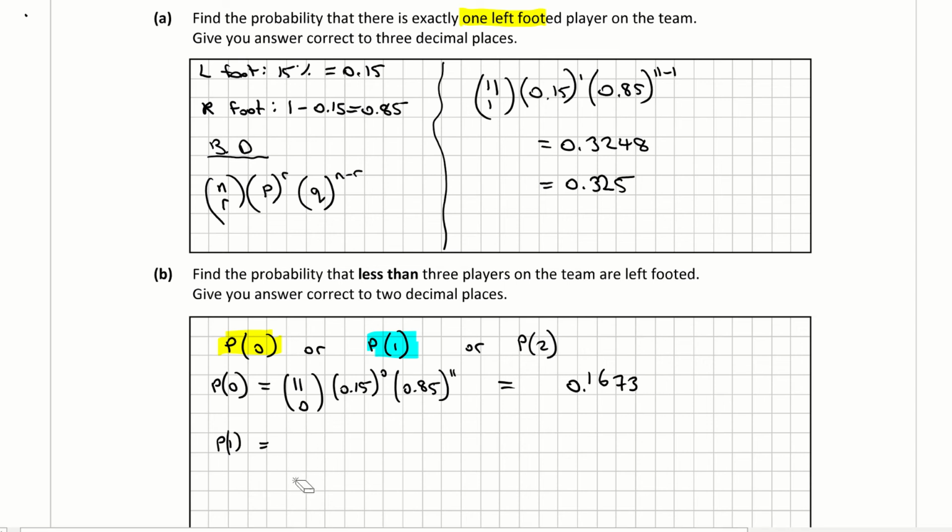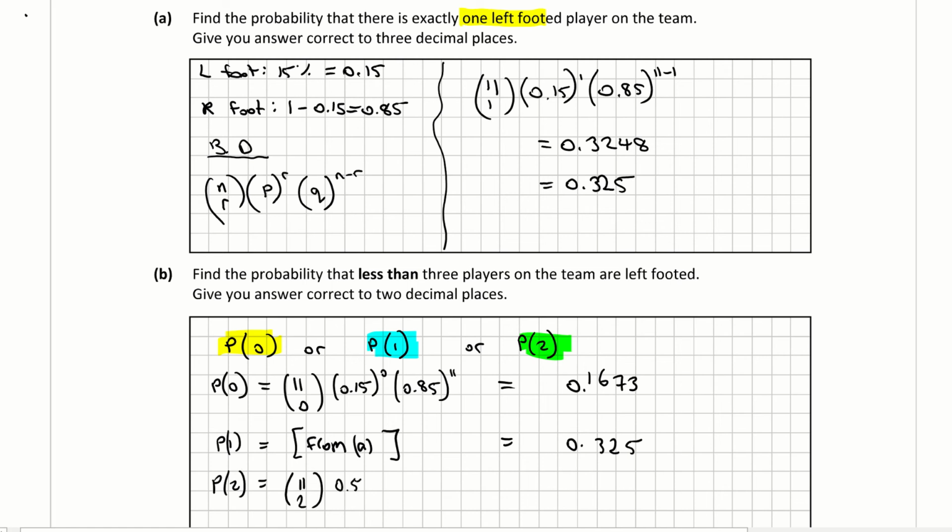So I'm just going to rub that out, and I'm going to take my answer from part A. So from A, my answer there was 0.325. Okay, so saves me doing it out again. And my third one, probability of 2 of them being left-footed. So probability of 2 is going to be 11 choose 2.